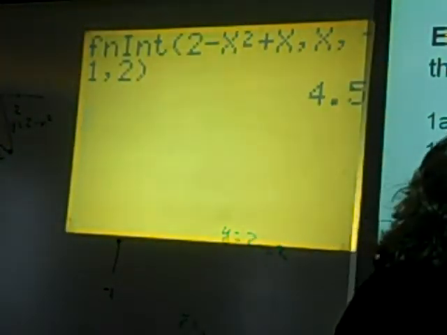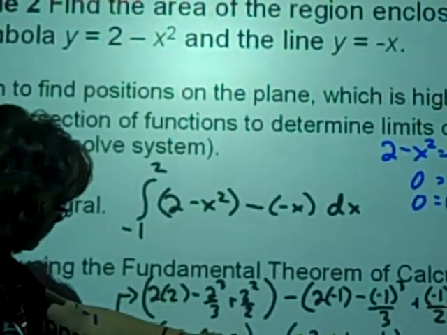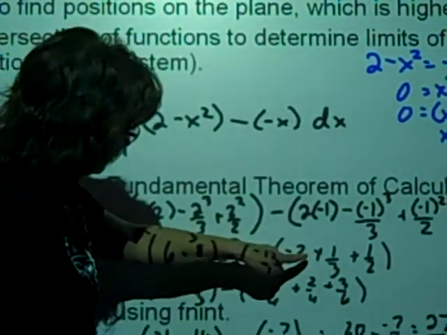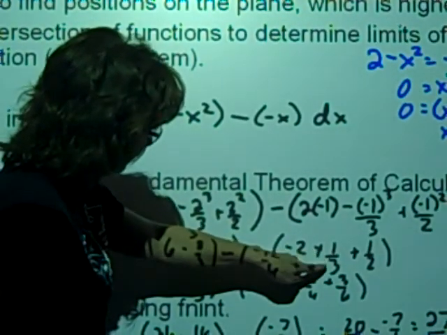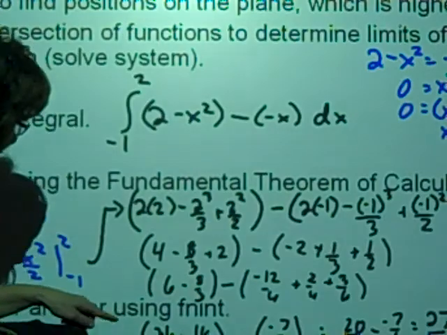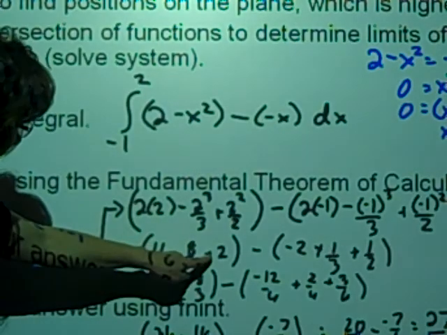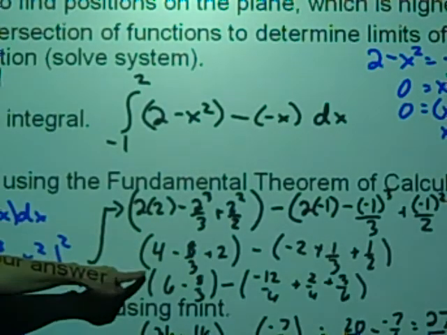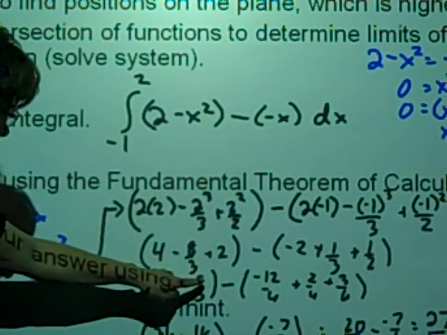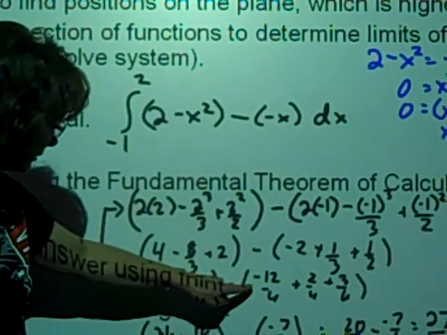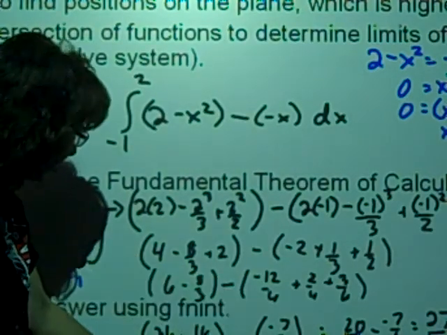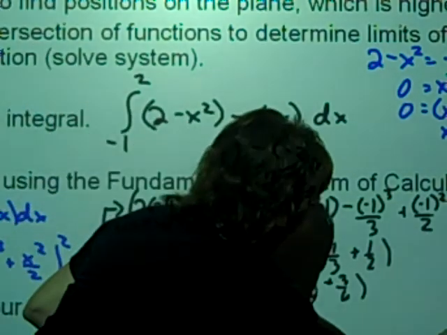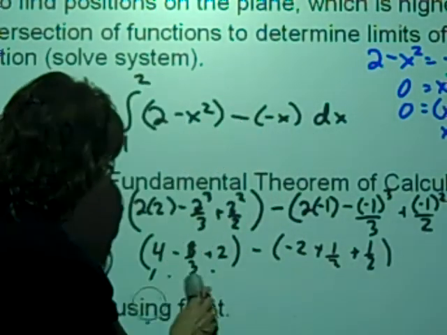4, 8/3, 4. Minus -2, minus a negative, plus 1/3, plus 1/2. Good so far. 4 plus 2 is 6, minus 8/3, minus negative. So, I'm going to just start right from here and figure out what I did.